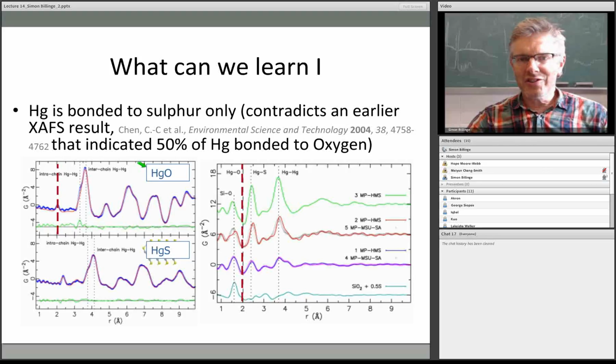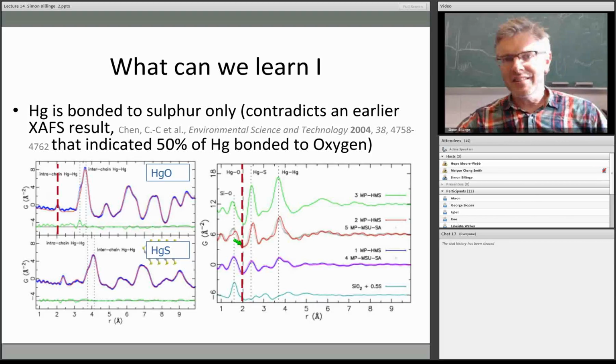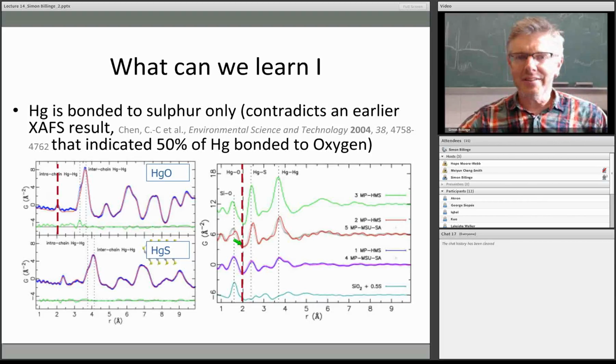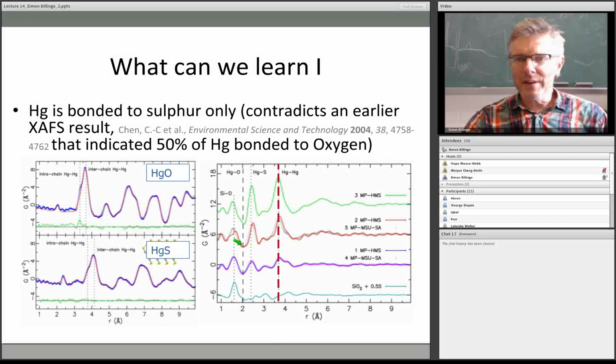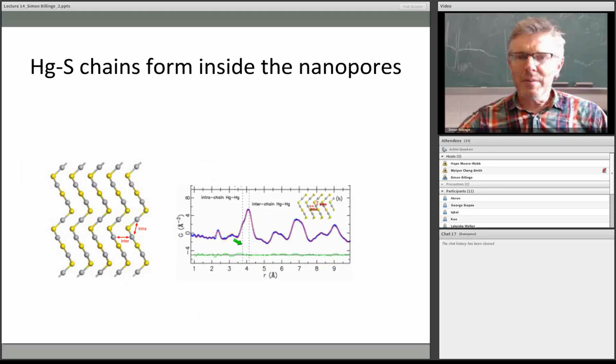So what this shows is that this is the peak. This is where the peak would be in mercury oxide, but there's no signal there in this material. So there's no mercury-oxygen binding, which is in disagreement with an earlier XAFS experiment, but there is mercury-sulfur binding. In cinnabar, we see a strong peak here in our material, and in cinnabar there are two peaks coming from mercury-mercury distances, like this one.